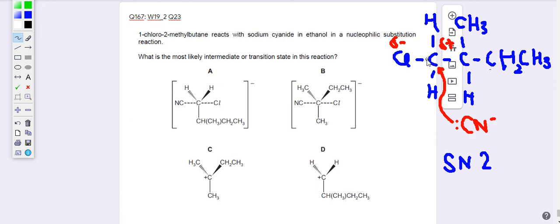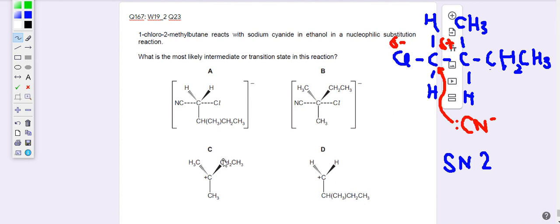Then in SN1, the halogen atom must leave before the nucleophile can attack. But because this is a primary halogenoalkane, it has a gap for the nucleophile to approach the partial positive carbon, so a transition state like this will form.